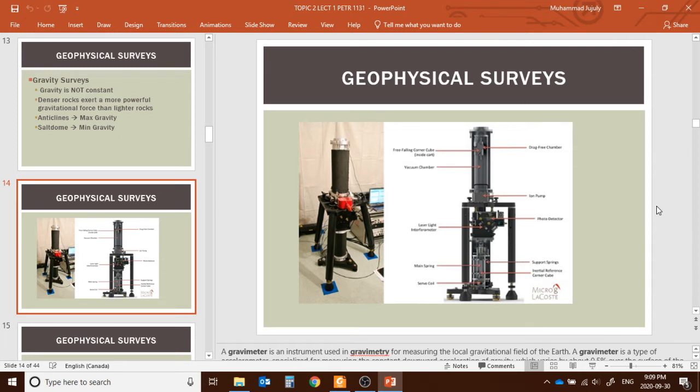So this gravimeter measures the local gravitational field of the earth, and that's how we can determine the gravity of different types of rock, and it gives us a better understanding of what types of rock are in there.